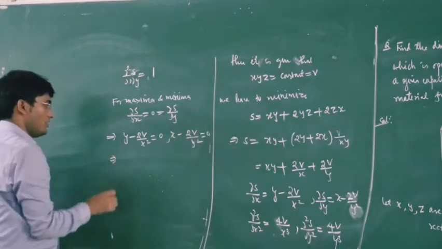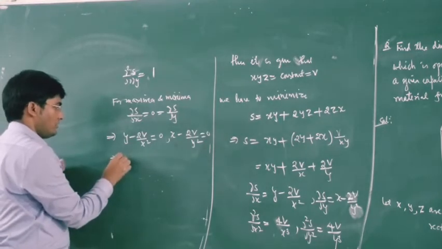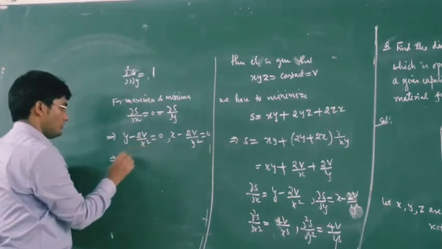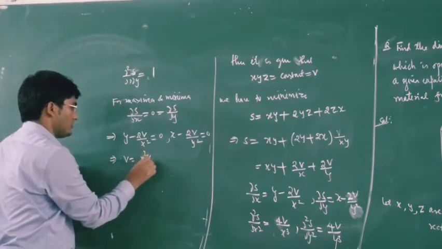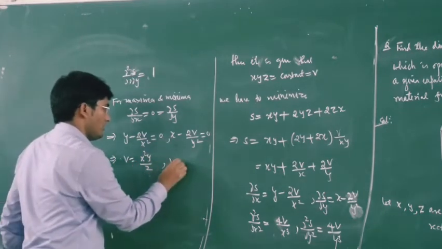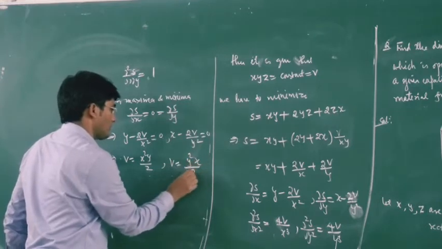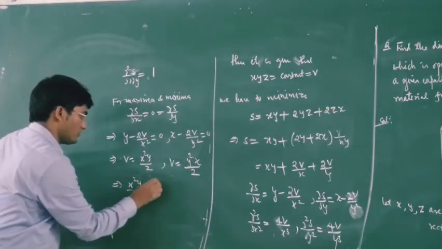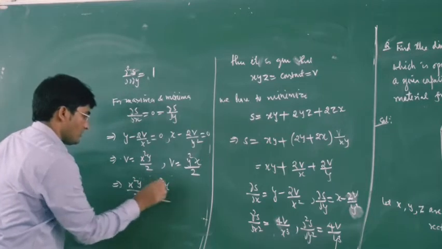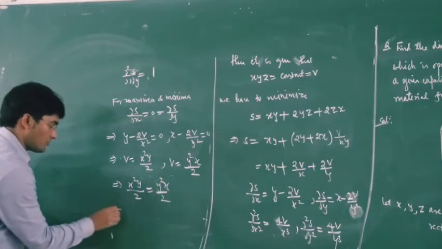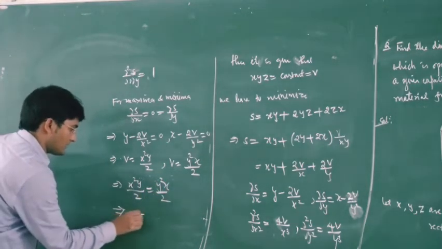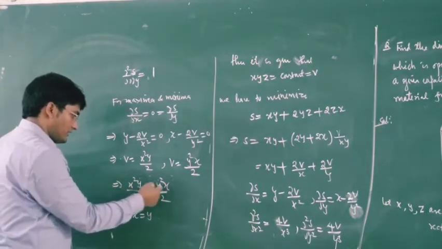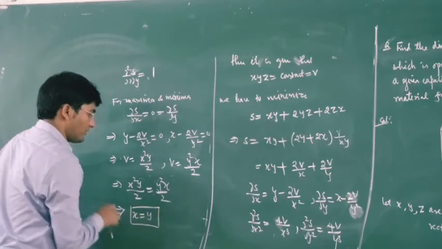So from here we have b equal to x square y upon 2, and from here b will be y square x upon 2. So we can say that x square y upon 2 equals y square x upon 2. So from here we will have x equal to y, because one x will get cancelled and y will be cancelled. So we have x equal to y.